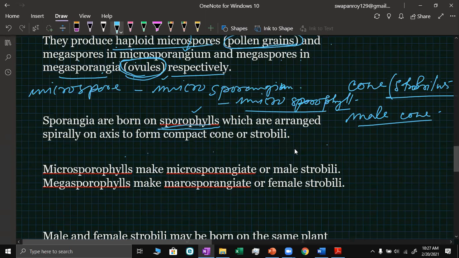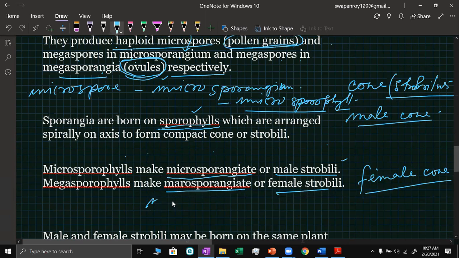Megasporangia are borne on megasporophylls, and megasporophylls make the female cone. The male cone is also known as microsporangiate, and the female is macrosporangiate or megasporangiate.